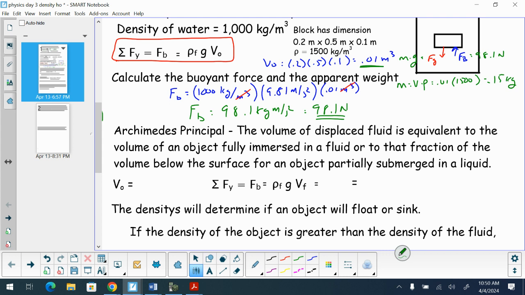So our force of gravity we can calculate as mass times the acceleration of gravity. So the force of gravity on this object is equal to what?